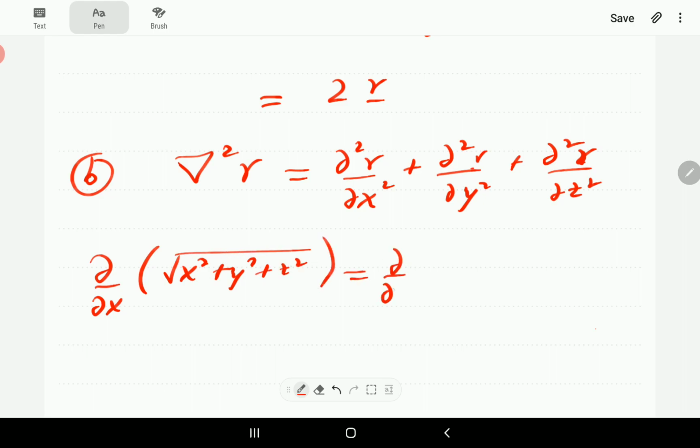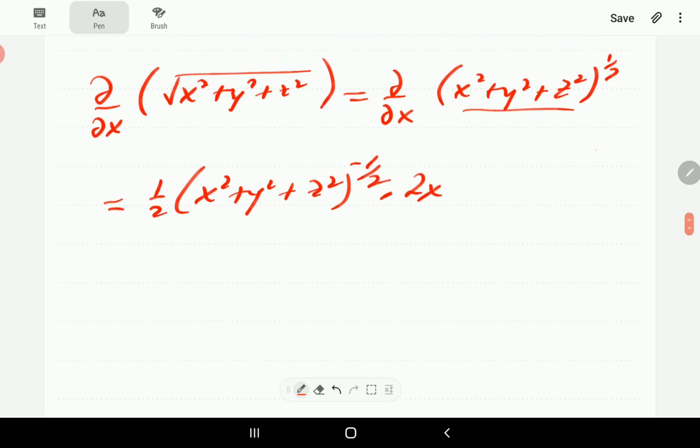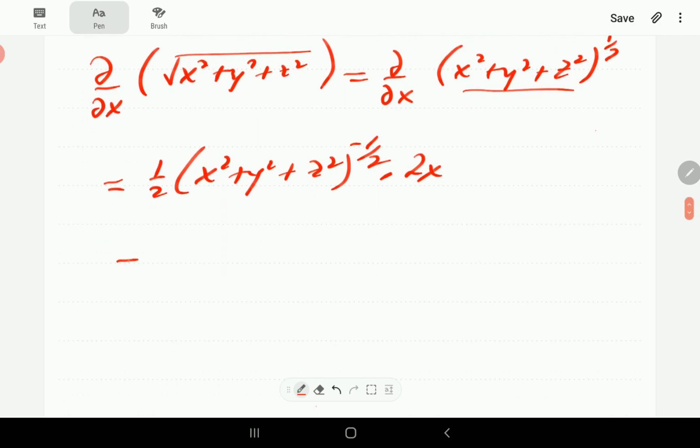So this is the same as the derivative of x squared plus y squared plus z squared to the power 1/2. So if we multiply by 1/2 and then subtract 1, and then the derivative of this thing with respect to x is going to be 2x.